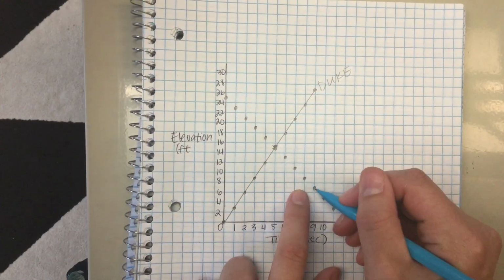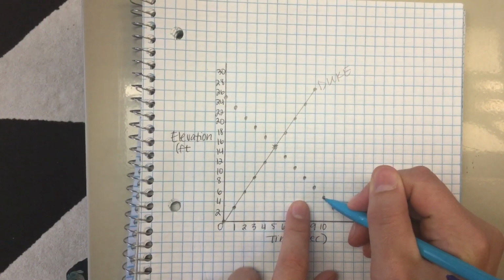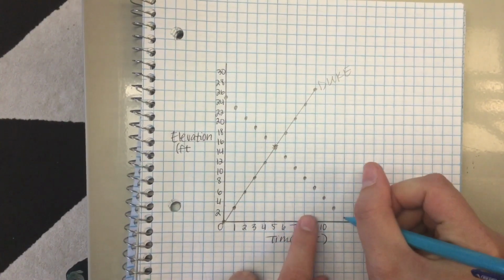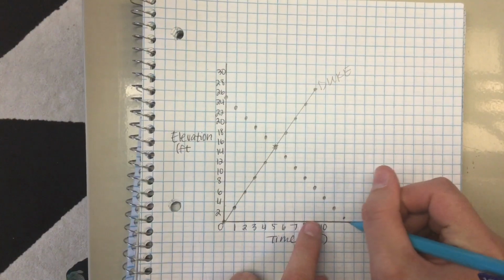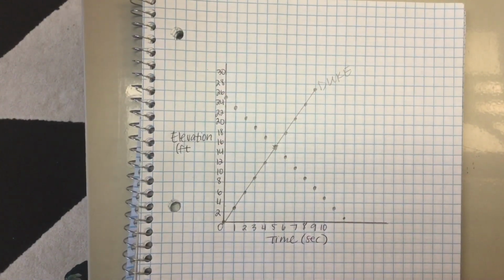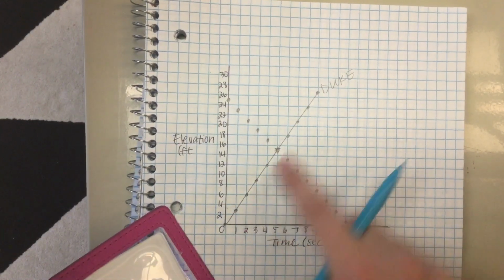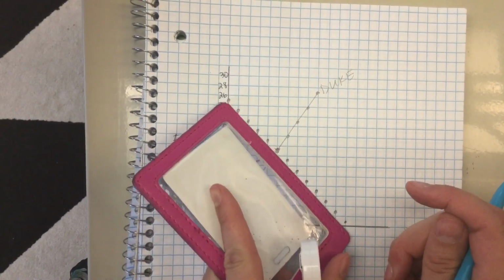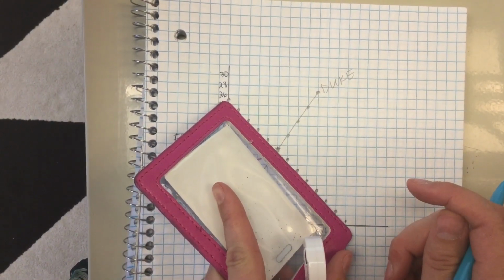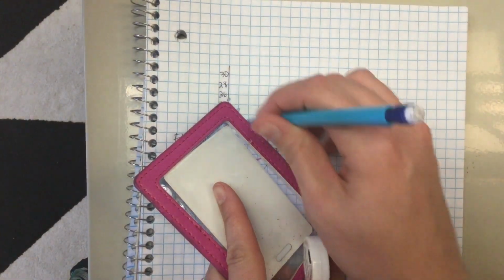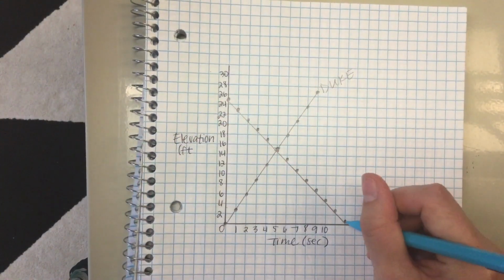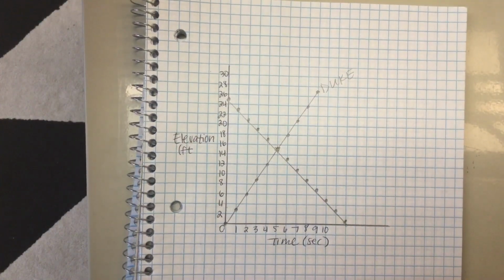We were at 9, 7, 5, 3. Then she's at 1, and then eventually she'll get to the ground. So notice this is a slightly lower slope. Duke's line is a little bit steeper. I'm going to use my straight edge to connect these as best I can.